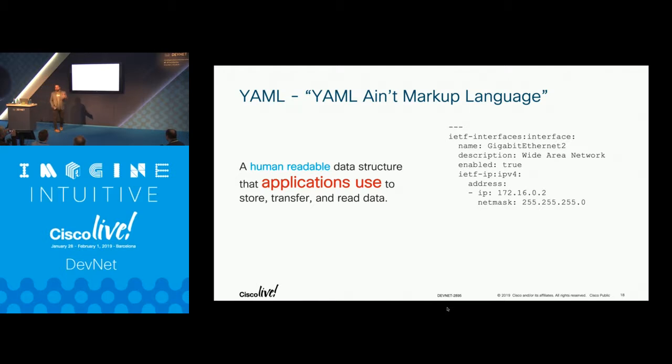But just like JSON, just like XML, we use it to transfer data, store data, and move it along the internet. So it serves a similar purpose, and it's just a matter of how we're interfacing with our devices, if the data is going to come back in YAML, in JSON, or in XML. You can see it's a pretty simple data structure, and it's defined a little bit by indentation.